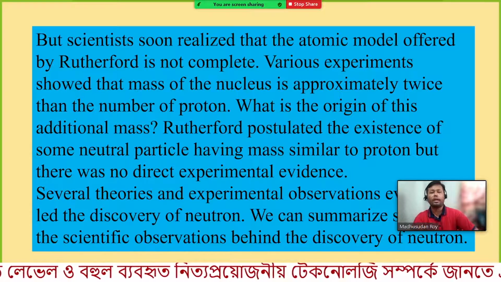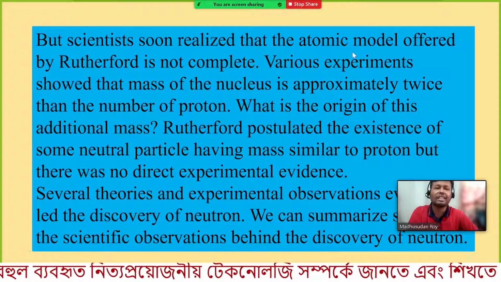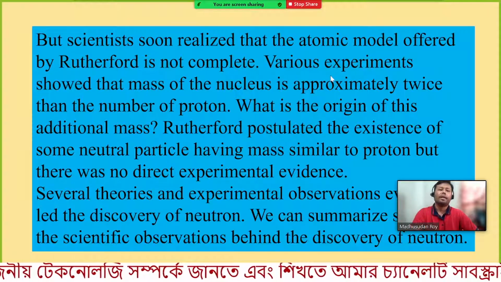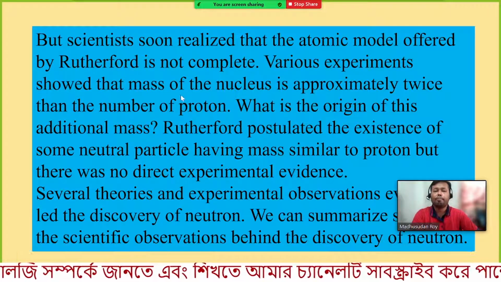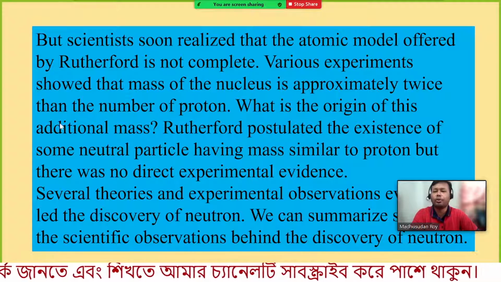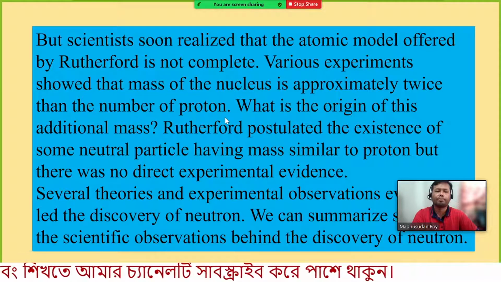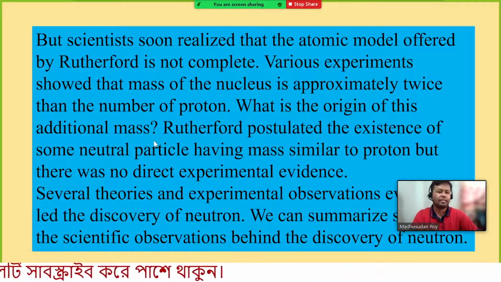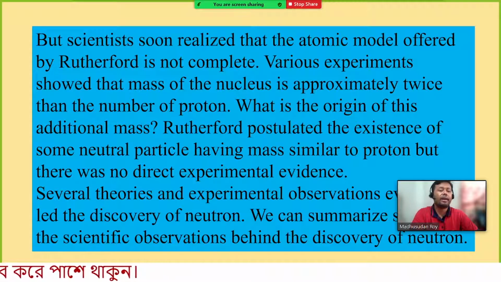But scientists soon realized that the atomic model offered by Rutherford is not complete. Various experiments showed that the mass of the nucleus is approximately twice the number of protons. Then what is the origin of this additional mass? Where is the excess mass coming from?